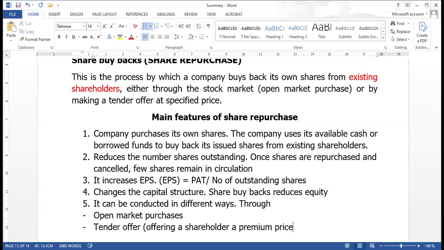If the nominal value is this, now you are increasing the price, so that they can be motivated to sell.